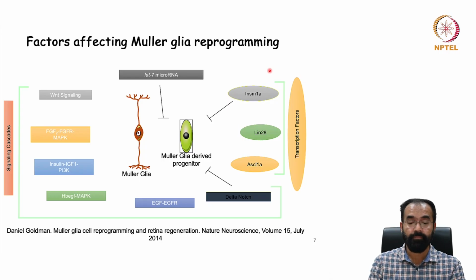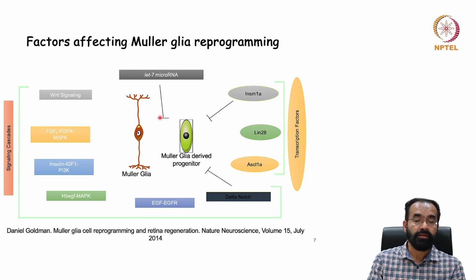When a differentiated Muller glia, which has a high level of LET7, has to become reprogrammed or de-differentiated into progenitor cells, you want to get rid of LET7. If LET7 microRNA is present, then the so-called proliferative phase or the next phase will not happen. So we can call LET7 a principal inhibitor of the glia's migration into the progenitor path.